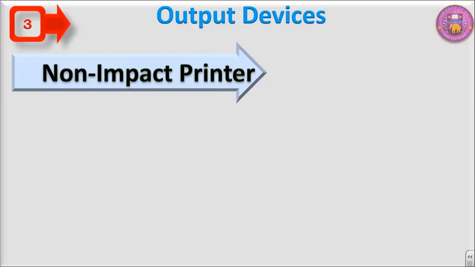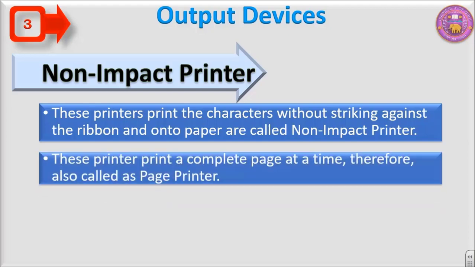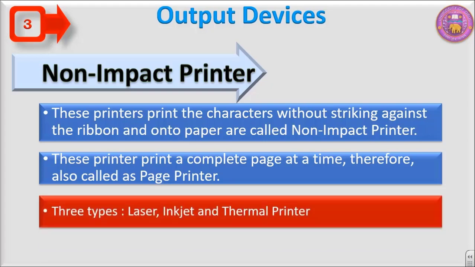Now the non-impact printer. These printers print the characters without striking against the ribbon and onto the paper. They are called as non-impact printer. These printers print a complete page at a time, therefore also called as page printer. In the category of non-impact printer, we have three categories.